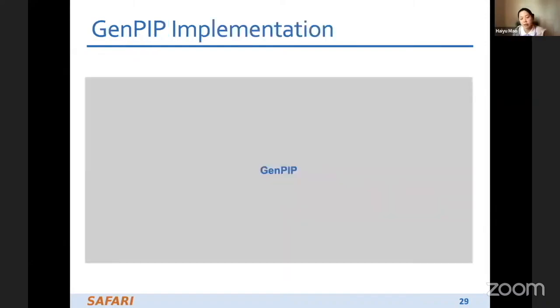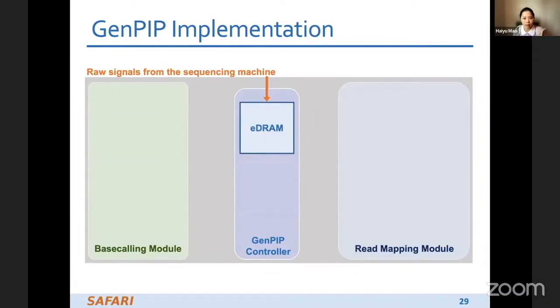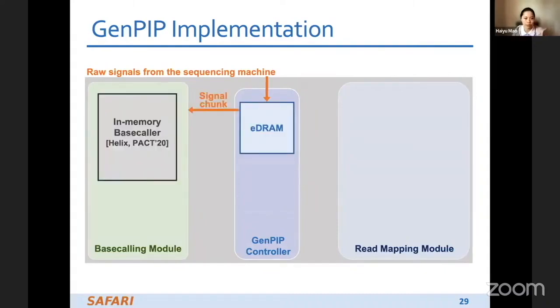Let's go through a little more detail about the GenPIP implementation. GenPIP has 3 modules: the base calling module, the read mapping module, and the GenPIP controller. First, we receive the raw signals from the sequencing machine and store them in the EDM. Then we forward the signal chunks to the in-memory base caller.